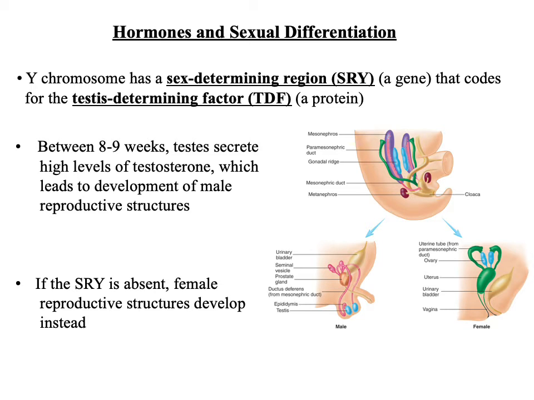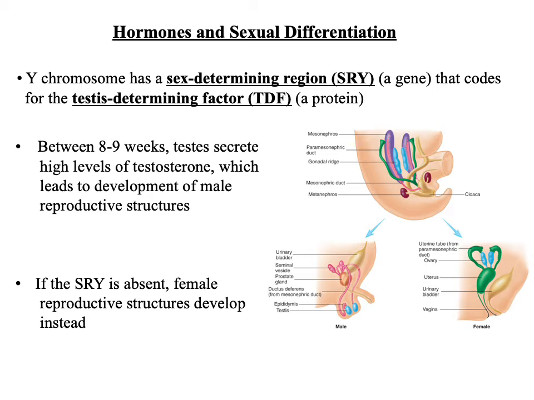Now, once you have the combination of chromosomes in place, let's go back to that Y chromosome, because that was the one that was different between male and female, given that they both have at least one X. If you look back at the karyotype on the previous slide, the Y chromosome was there, so that was a male karyotype.